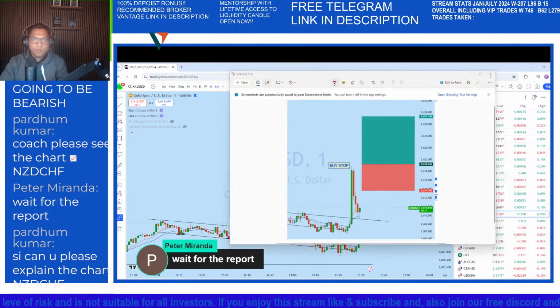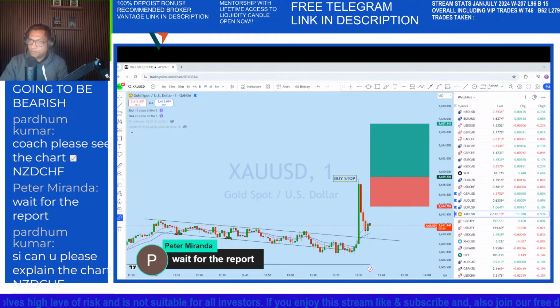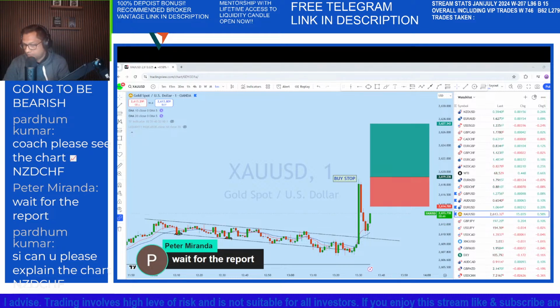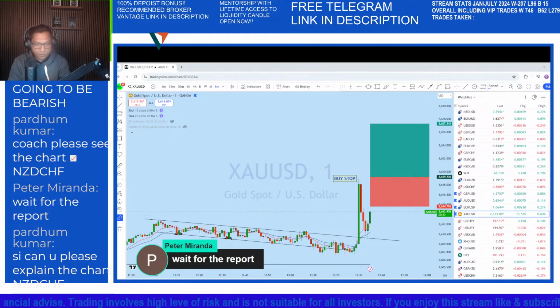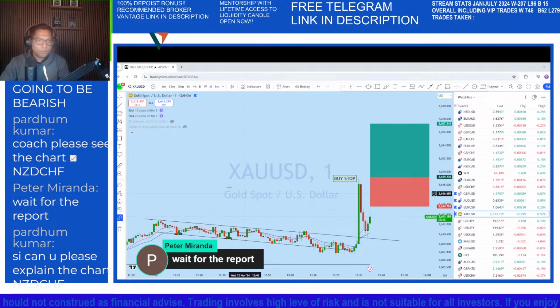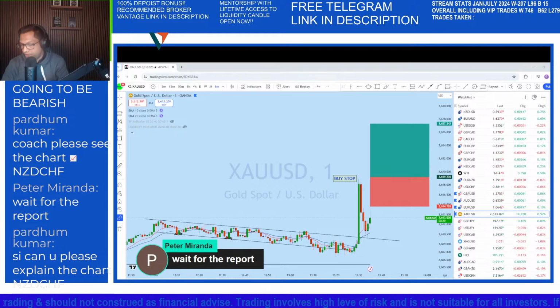So placing the buy stop, with around 44, 45 pips stop loss.